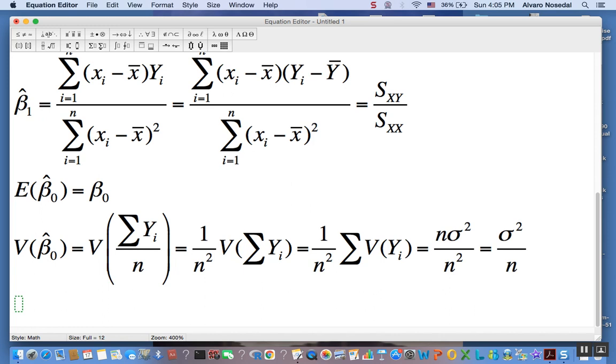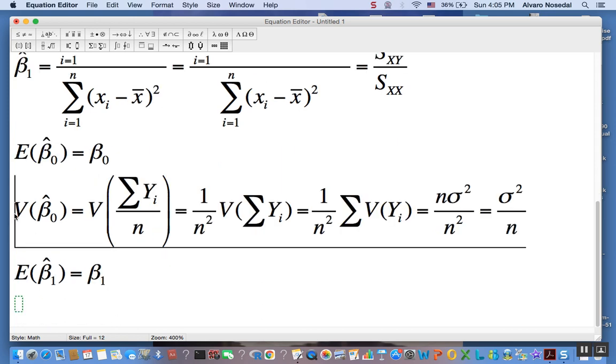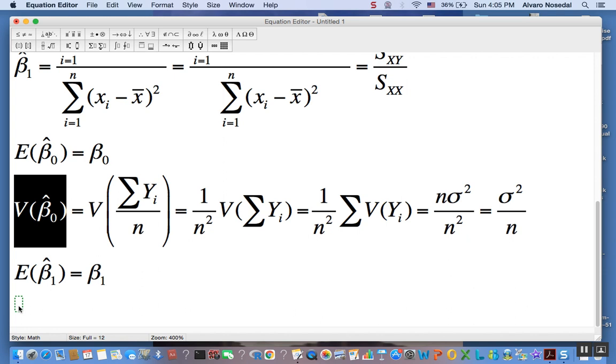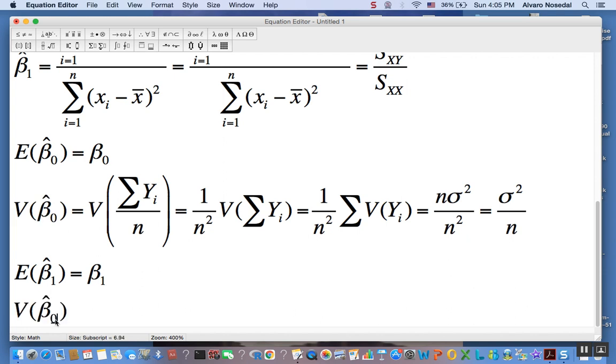So when we talked about the properties and the distribution of beta 1 hat, we showed that beta 1 hat was an unbiased estimator of beta 1. Let me just write that down. We have seen and done that before in detail. We also derived the variance of beta 1 hat, which, as you recall, is just sigma square divided by SXX.